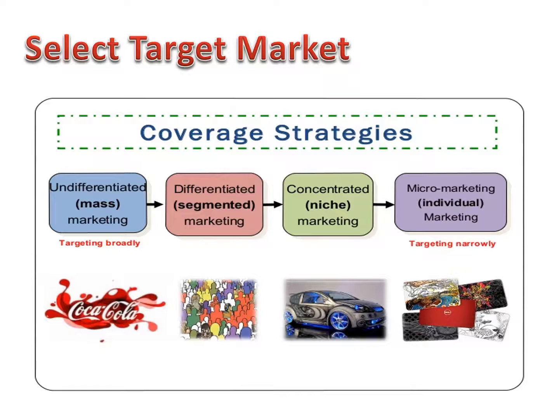If the product or service is perceived to provide similar benefits to most customers, there simply is little need to develop separate strategies for different groups. So when a firm produces only one product or product line and promotes it to all customers with a single marketing mix, that would be undifferentiated target marketing.